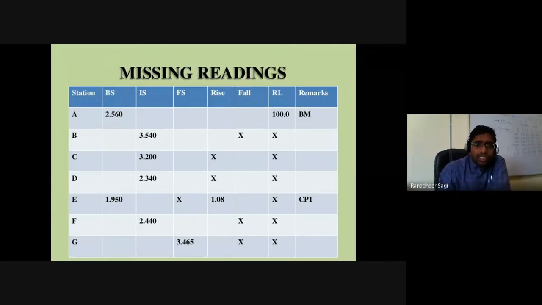Okay, so this is the table we have, and some values are found missing in that particular table. Now, what are those values which are missing?